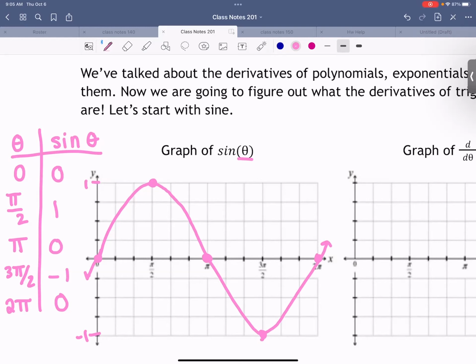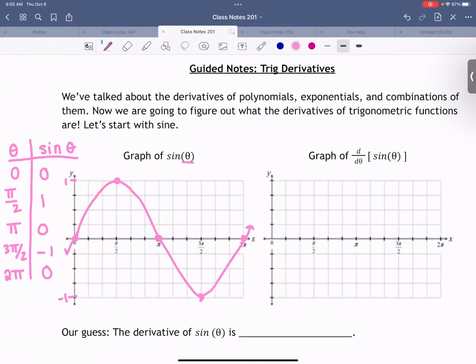All right, so even though we don't know the derivative of sine, we can still figure out what it might look like using the graph. And the way we'll do that is we'll think about what we learned a little while back when we talked about what the derivative actually means, okay? Let me just talk about these turning points, okay?